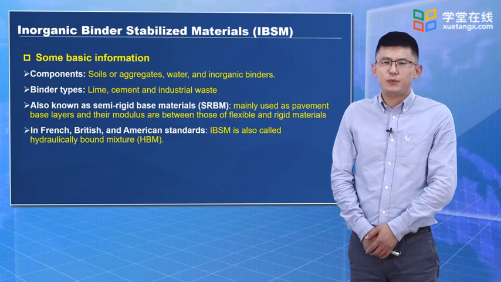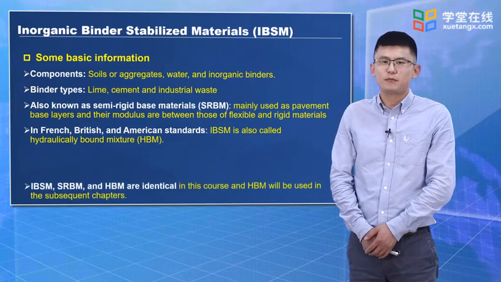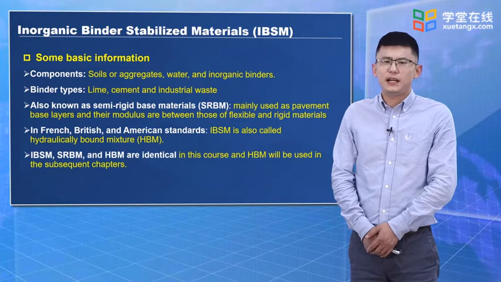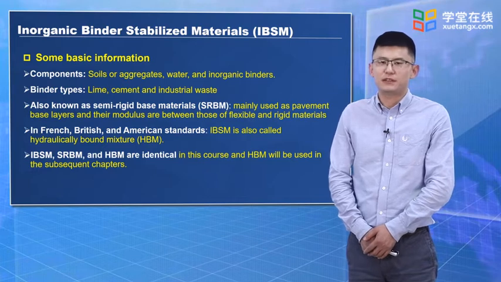And in French, British, and American standards, IBSM is also called the hydraulically bound mixture, because the hydration is one of the main chemical reactions during that process. And in this class, IBSM, SRBM, and HBM are identical. So we are talking about the same thing when we talk about these three different terminologies.